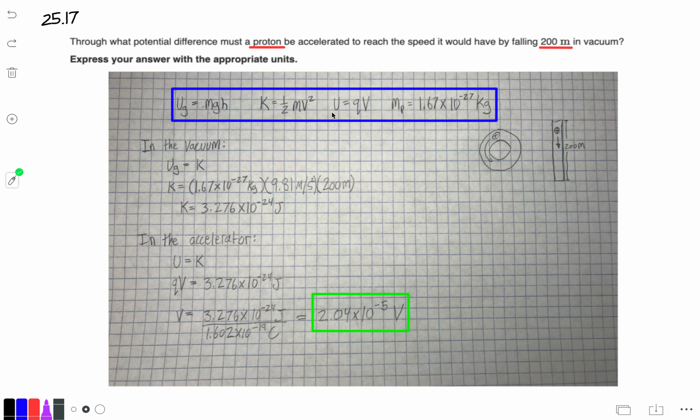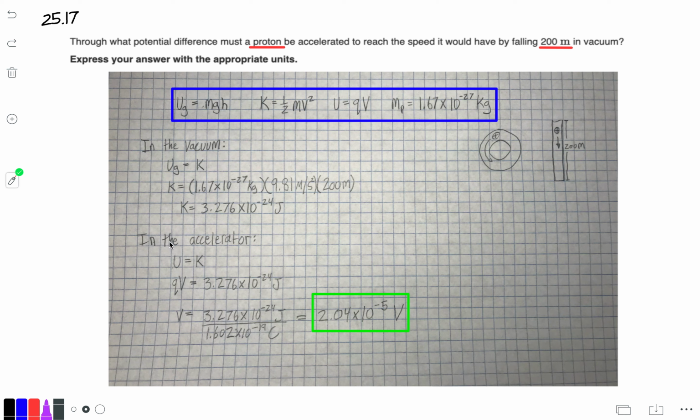From chapter 25.4 in the e-text, we also know that the electric potential energy is defined as U equals Q times V, where V is the electric potential. And we are also going to need the mass of a proton, because we are dealing with protons in this problem and not electrons.